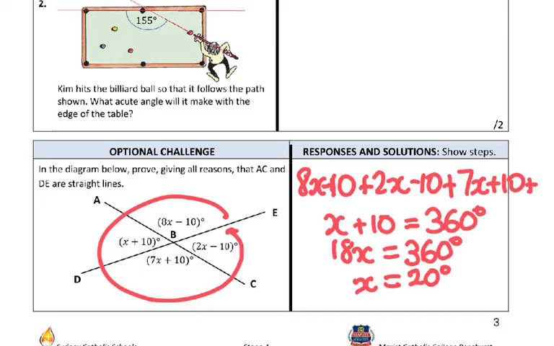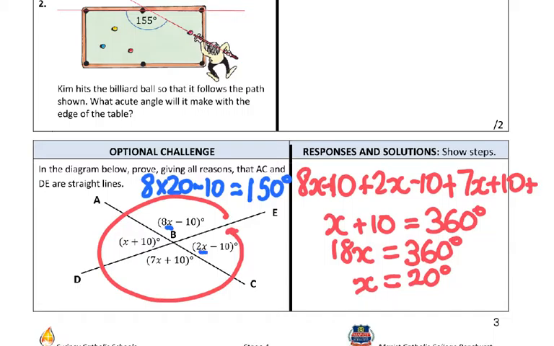So because my x is 20 degrees, when I look back at the diagram, I've got 8 times 20 minus 10, replacing the x by the 20. So I'll get 160 minus 10, which is 150 degrees.